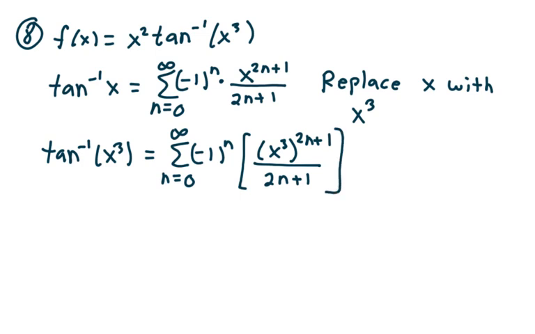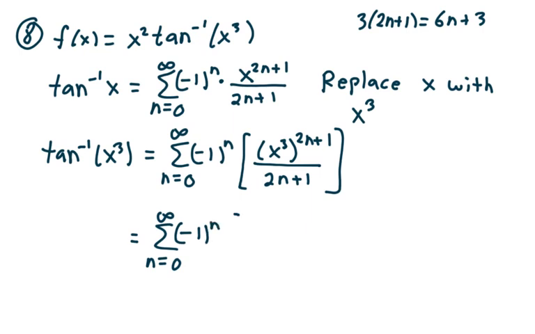Now, if we come up here, isn't 3 times 2n plus 1 6n plus 3? And so this is the summation from n equals 0 to infinity of negative 1 to the n times x to the 6n plus 3 divided by 2n plus 1. Now what I get to do is multiply both sides by x squared.